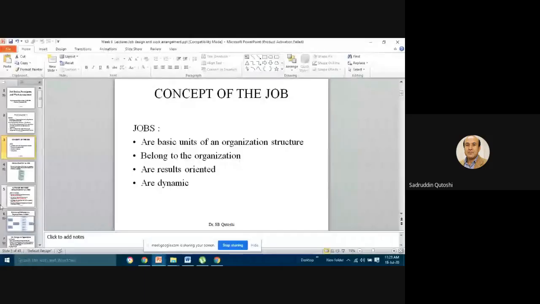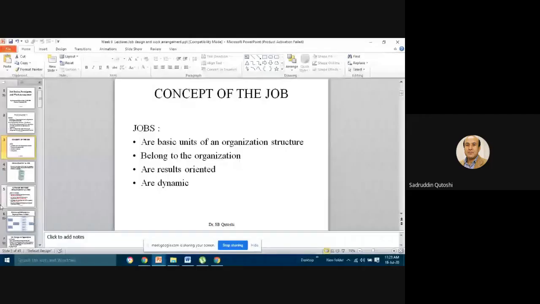Job is basically related to an organization, and all jobs are result oriented, because a job is there because that organization is interested to achieve certain results in line with its mission. Organization has a mission, and to achieve that mission it needs some results to obtain, and these results are obtained through different natures of jobs.